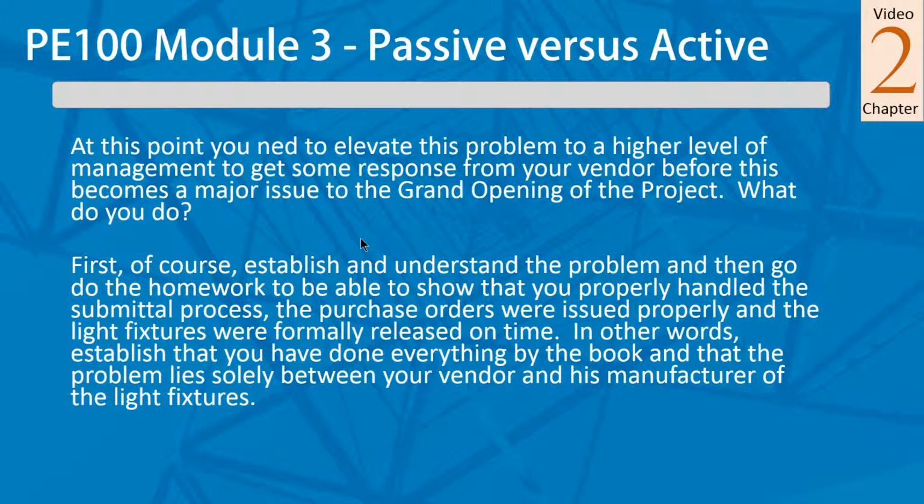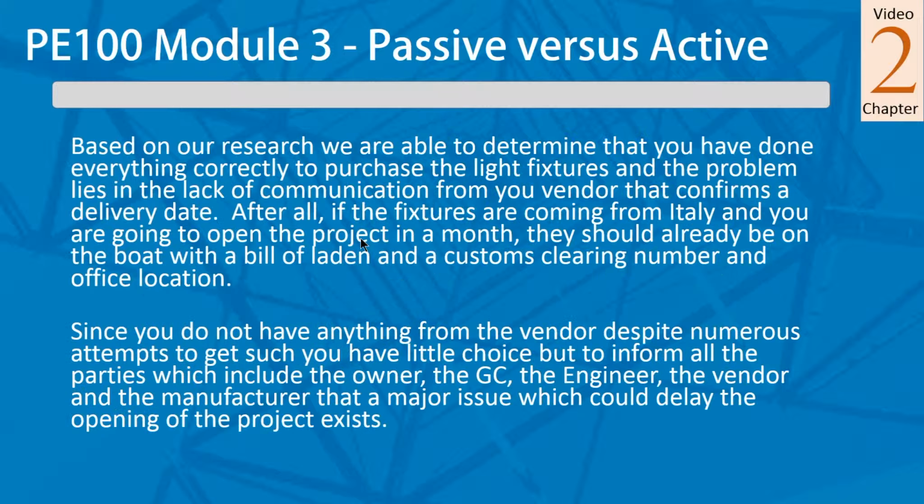But then again, you may have a vendor that forgot to send the paperwork to the manufacturer, and it's his problem. You may find that to be true, and I've seen that happen before. But nonetheless, you need to be able to establish to your clients that you did everything right, and this is really a problem that lies directly square on the vendor and the manufacturer in this case.